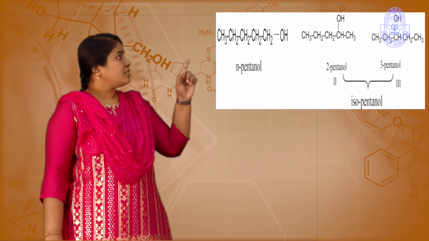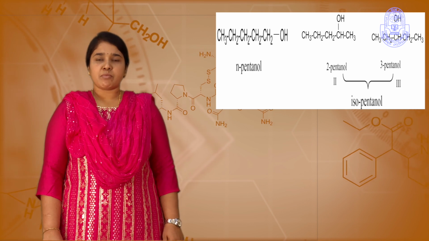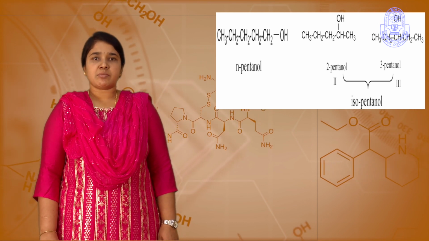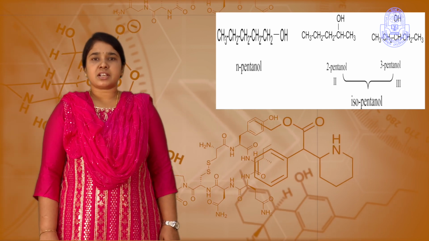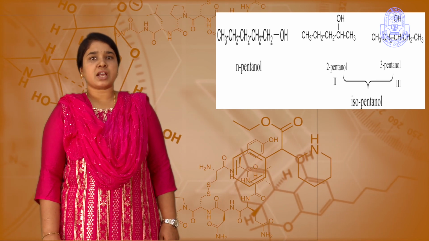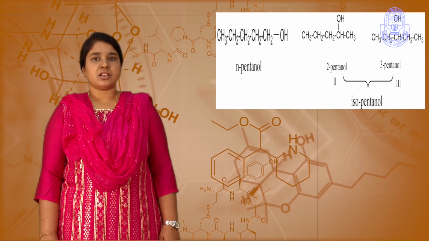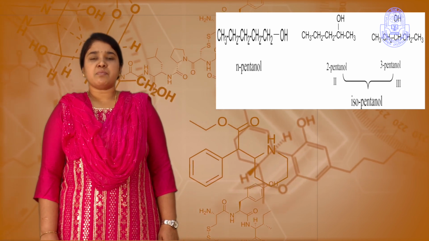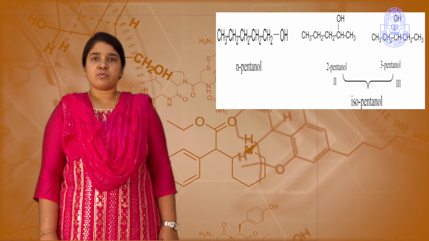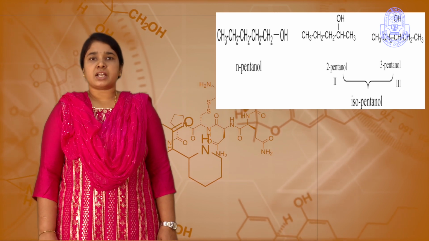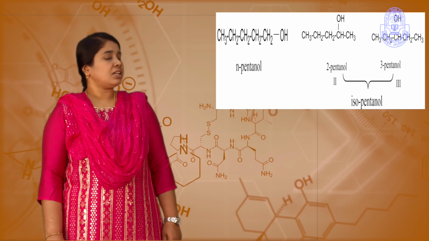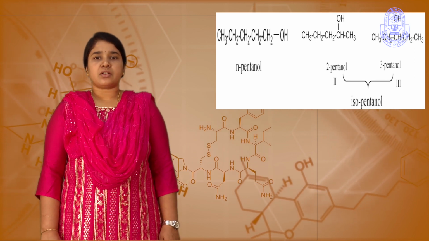Structures 1, 2 and 3 have the same molecular formula and the same number of carbon atoms, but in structure 1 the OH group is attached to the C1 position and it is known as n-pentanol or 1-pentanol. In structure 2, the OH group is attached to the C2 position, known as 2-pentanol.